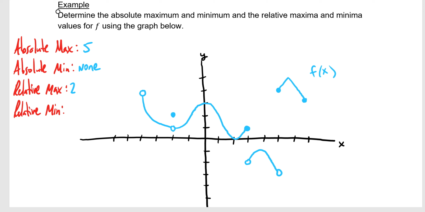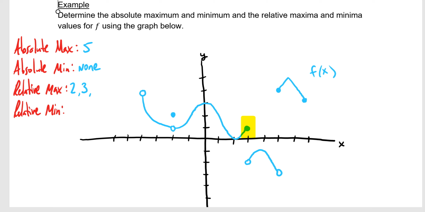So we keep on scanning left to right, and we get to this point right here. Hopefully this one's a little bit more obvious, that this is also a relative max, and that has a y value of 3, because that's changing from increasing to decreasing. And we keep scanning and we get to this point right here. So here's the next difficult point for a relative max.